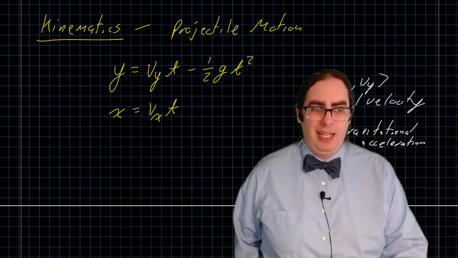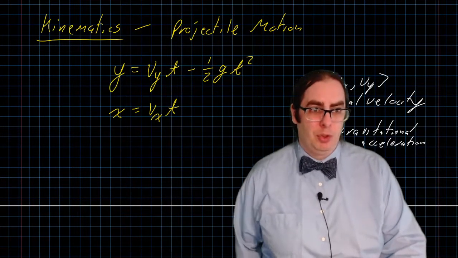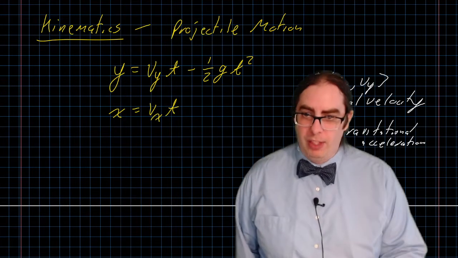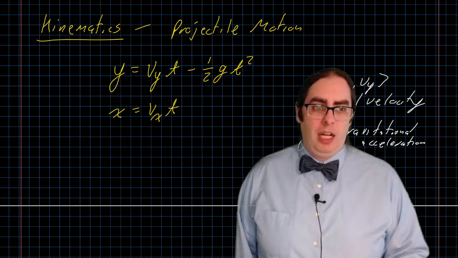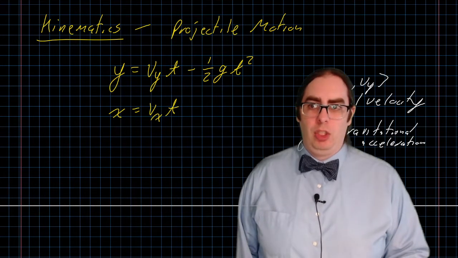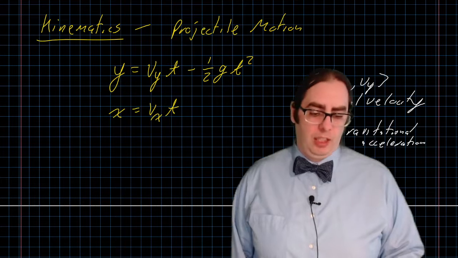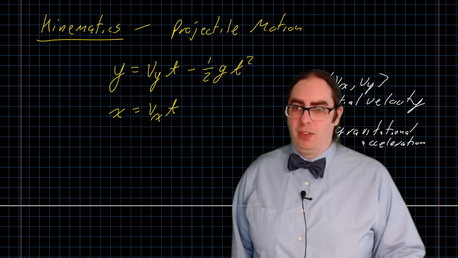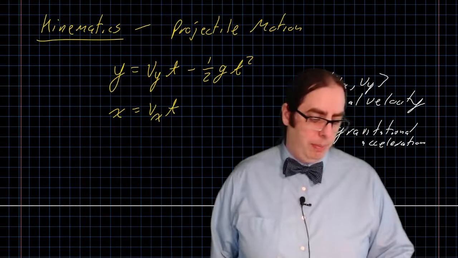I know I hate the US customary system when doing anything physics related. I'm sure that anyone who has ever studied physics hates using the US customary system for anything physics related, but it has the really nice property that the acceleration due to gravity in US customary units is 32 feet per second squared. And 32 is a nice number because it factors nicely and it lets us have problems that have really nice values showing up.